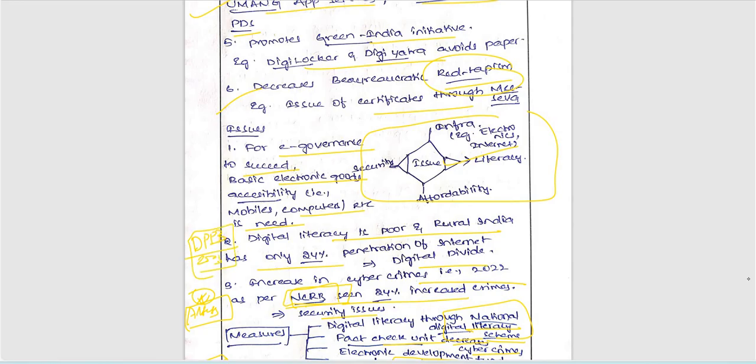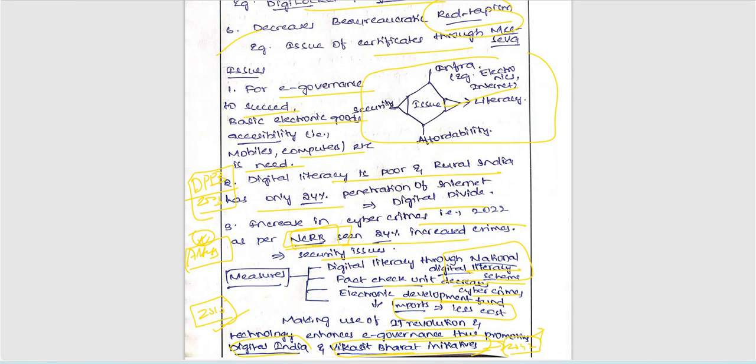That is very important here. RTI is already included. Other than that, we have some different schemes like the Umang App, also included, PDS, for example, in AP, these types of public delivery schemes are also there. Very important. We can include those types of examples also.